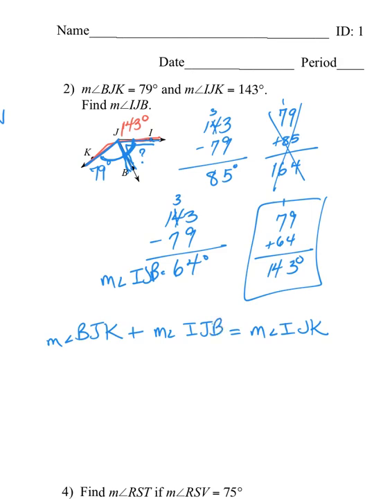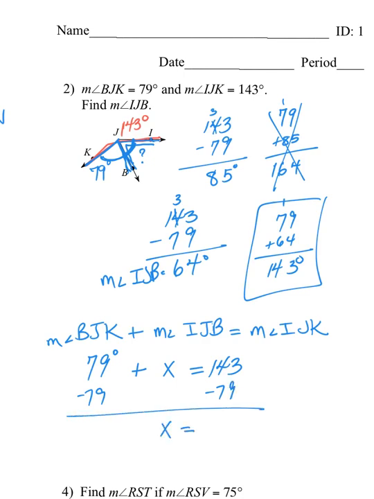Okay. So, we know BJK is 79. IJB is the angle we're looking for, so I can call that X. And the larger angle is 143. Now to solve this, I would subtract 79 from both sides, just like I did up here.